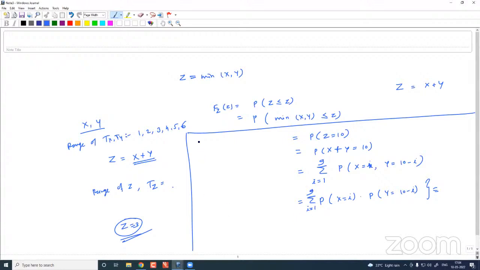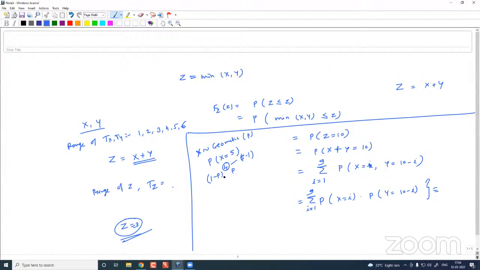If X is geometric with parameter p, what is the probability that X equals 5? It is (1 minus p) to the power 4, into p, because 4 is 5 minus 1.